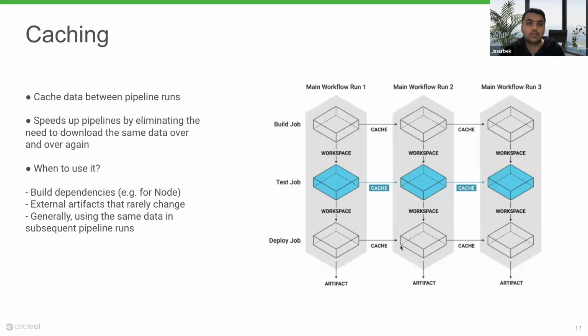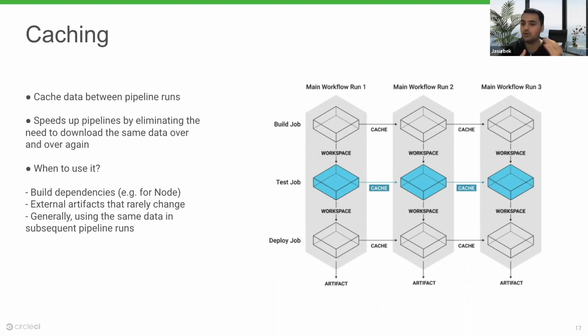So in today's session, I'm just going to talk about caching data between pipeline runs. For example, you cache your data in one job and use the cached data in the same job, but in the next pipeline. If you want to use cached data within the same workflow with different jobs, then you need to use workspaces.